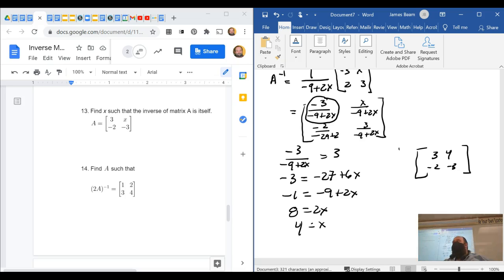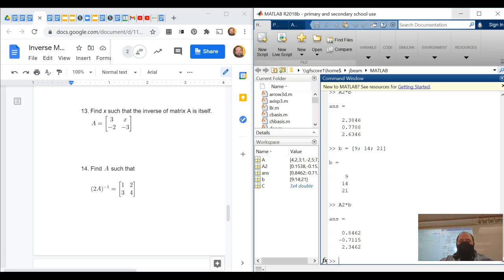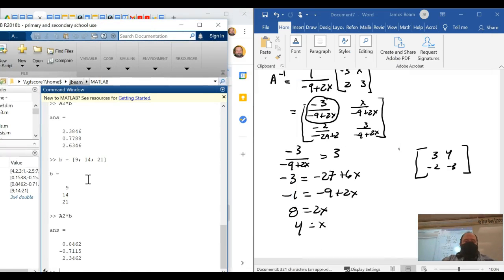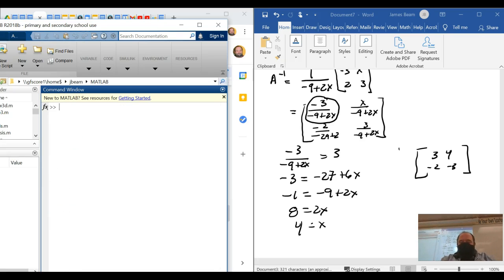How do I test? Put it into MATLAB, maybe? So what do I got? A is 3, 4, negative 2, negative 3.